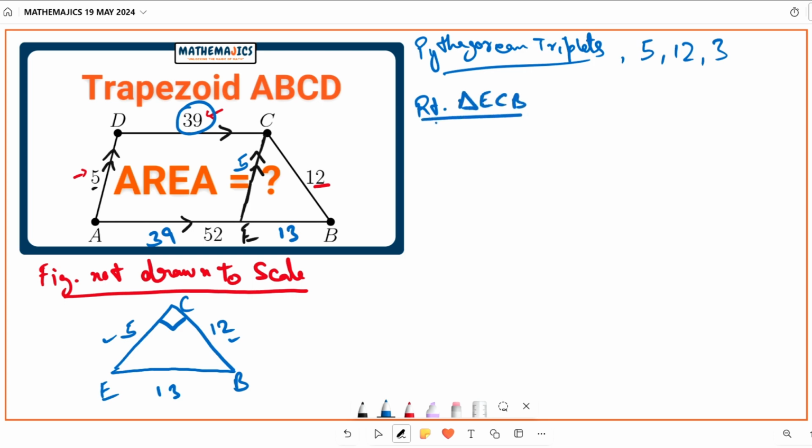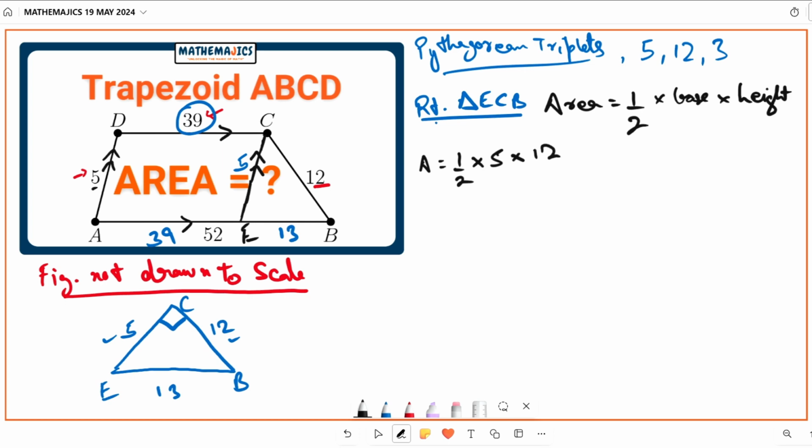In right triangle ECB, what will be the area? Area will be half times base times height. We will be using this formula. So area is half times base. I can take CE as base, that is 5, and CB as height, that is 12. Now we can measure this area from a different base as well.